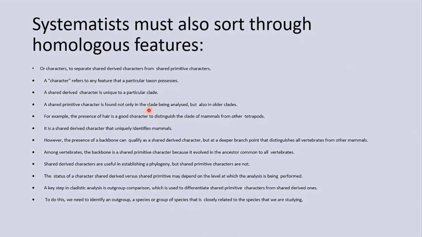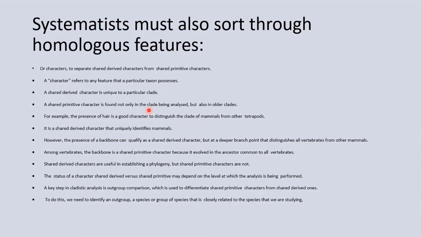So among vertebrates, the backbone is a shared primitive character because it evolved in the common ancestor of all vertebrates. Shared derived characters are useful in establishing a phylogeny, but shared primitive characters are not.